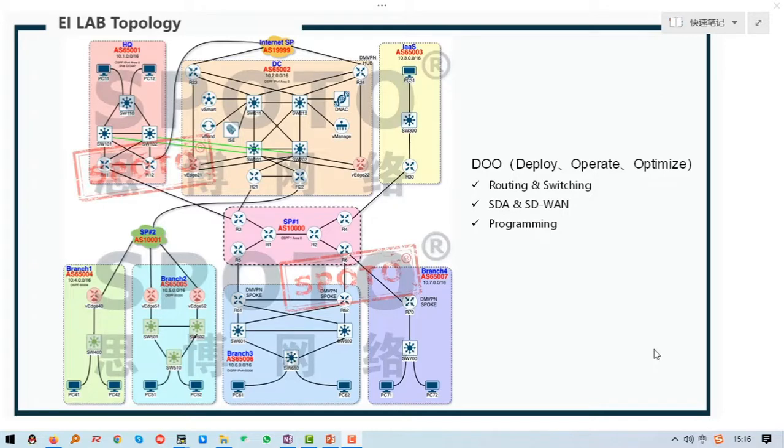So today our focus is on the data analysis of EI-lab topology. This is the complete EI-lab topology diagram, which mainly examines the candidate's deploy, operate, and optimize capabilities, referred to as DOO, which is mainly configured from routing and switching, SDA and SD1, and programming.